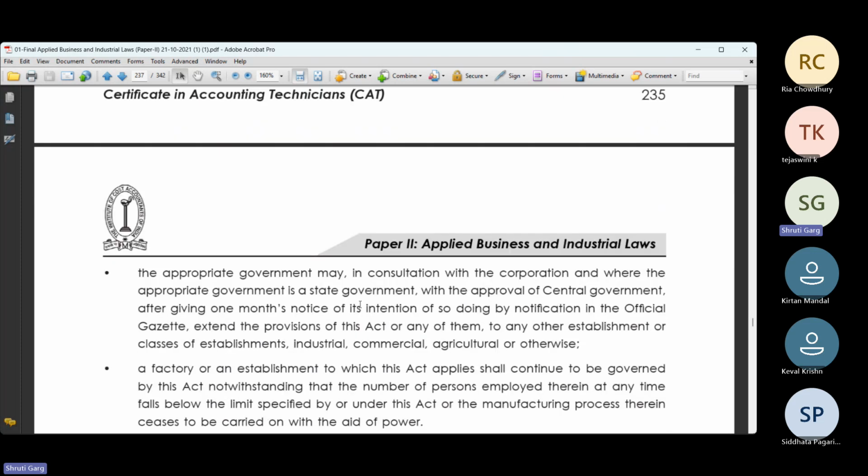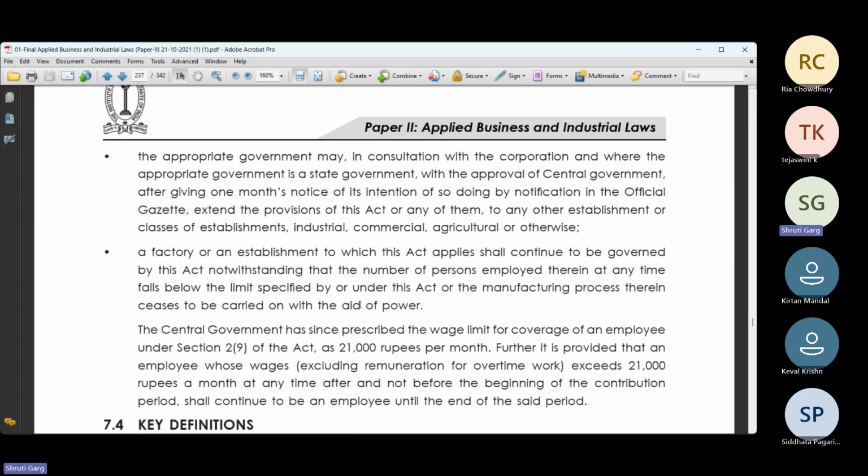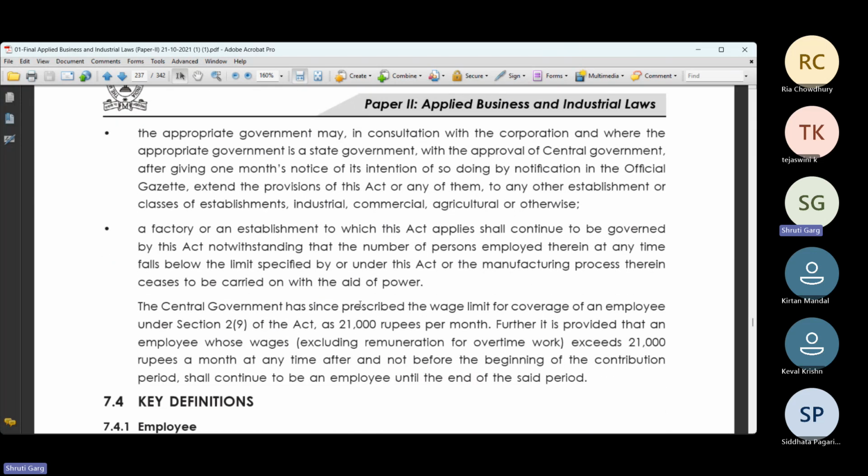Number two, appropriate government. The appropriate government may, in consultation with the corporation, or where the appropriate government is the state government, with the approval of the central government, apply the act to other classes of establishments, industrial, commercial, agricultural, or otherwise.